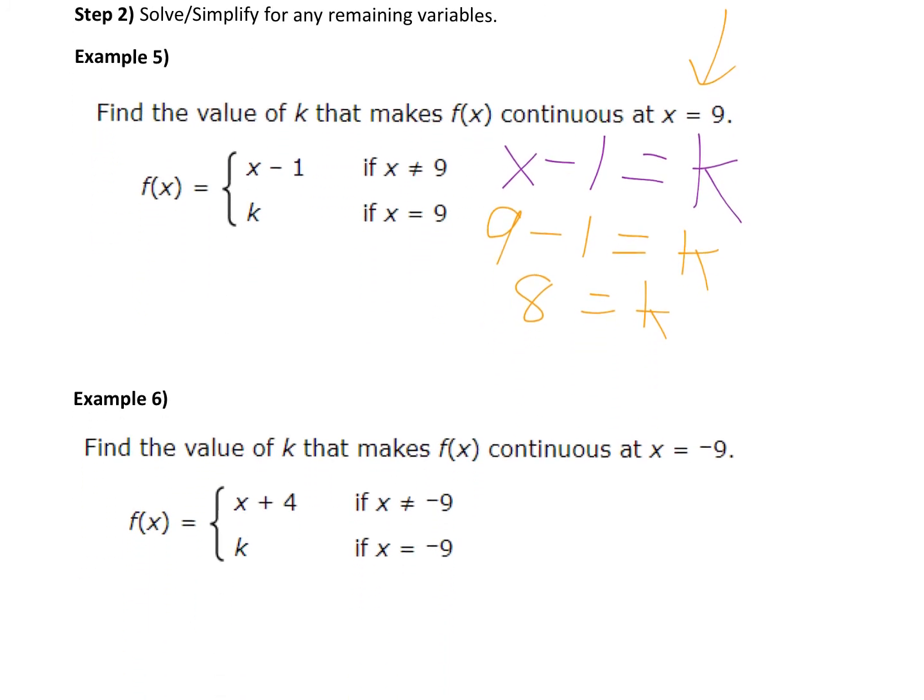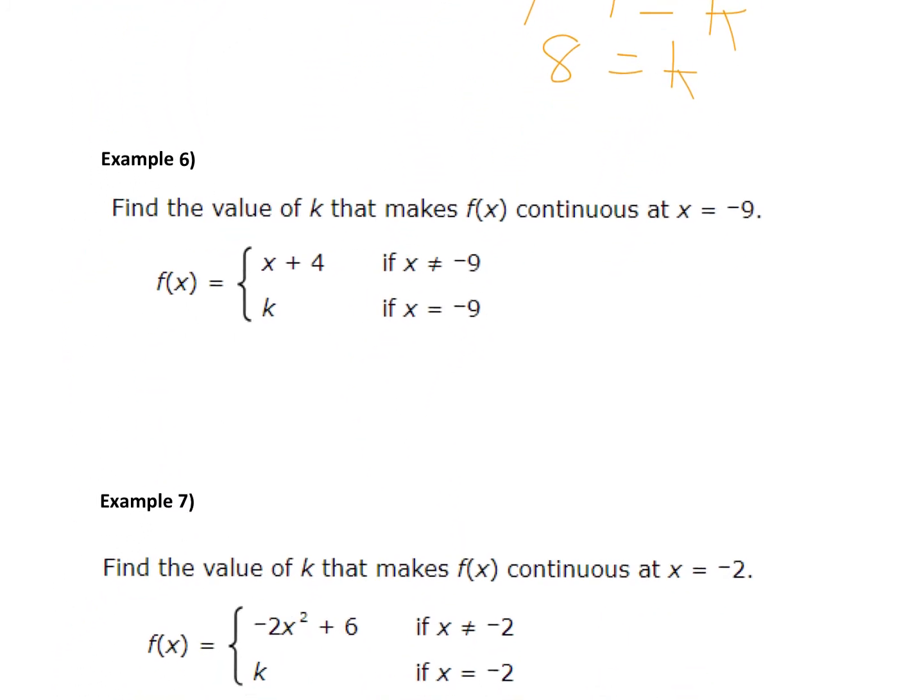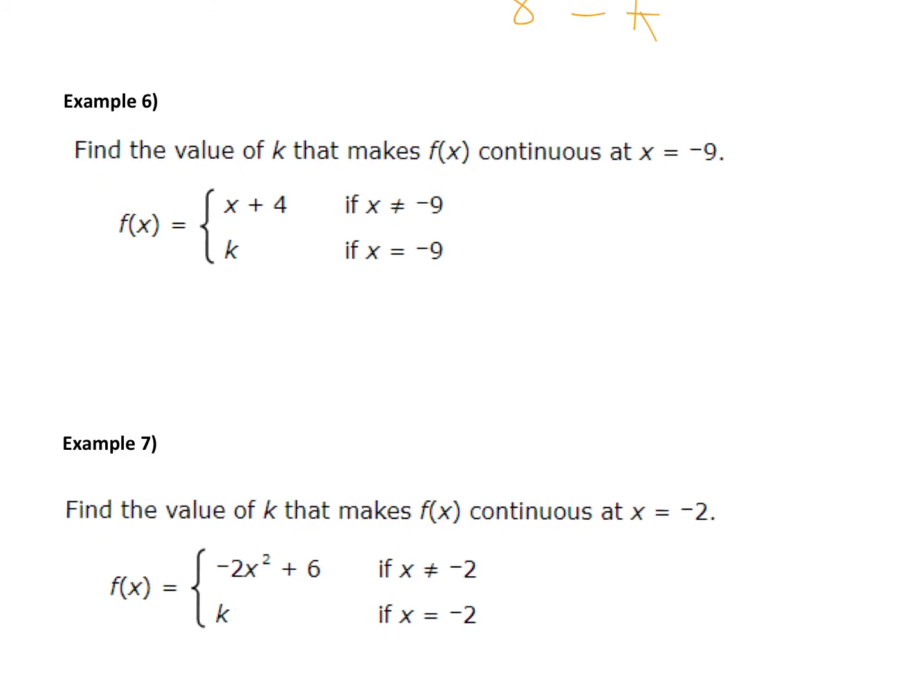Let's take a look at another one. Same idea. Find the value of k that makes f of x continuous at x equals minus 9. So we're going to set up our equation. x plus 4 is equal to k. It looks like we have two variables, but because we're looking specifically when x equals negative 9, what we can do is plug in the negative 9.